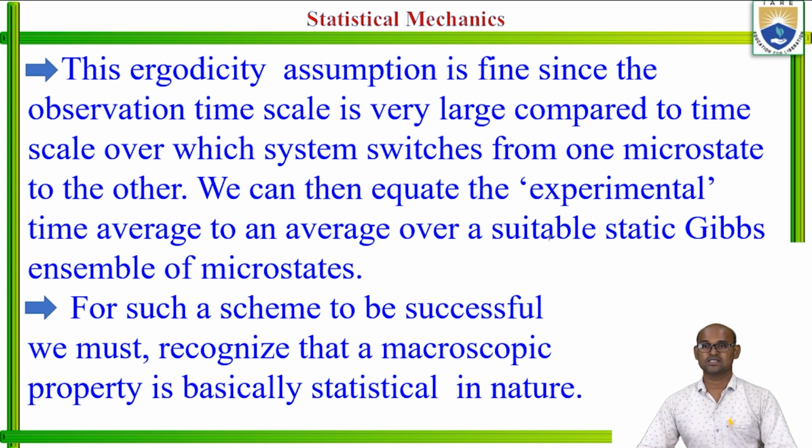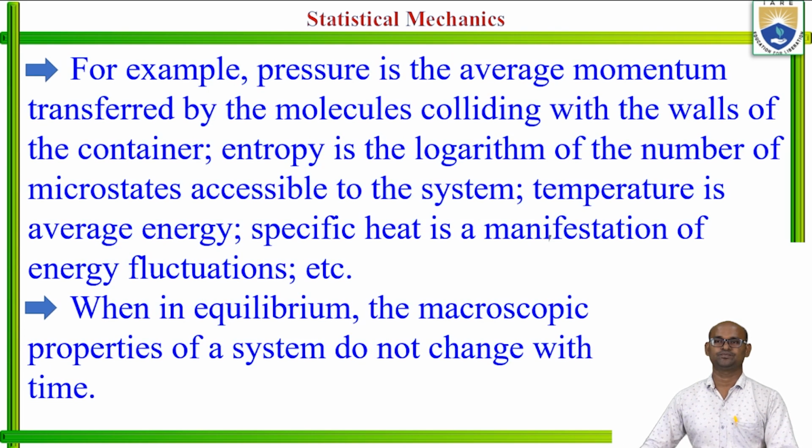For such a scheme to be successful, we must recognize that a macroscopic property is basically statistical in nature. If you are going to compare the ensemble average to an experimental average, the property should be statistical in nature. Are there any such properties of a system? Yes. For example, pressure is the average momentum transferred by the molecules colliding with the walls of the container.